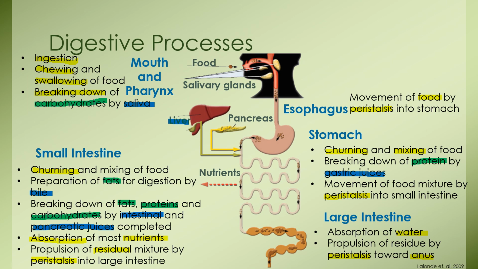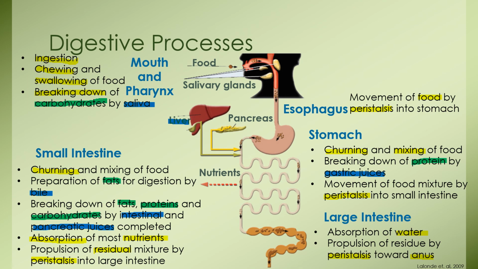Okay, so mouth, ingestion, chewing, and breakdown of carbohydrates. Esophagus, just the movement of food by peristalsis. Stomach, churning and breaking down of protein by gastric juice and also peristalsis.